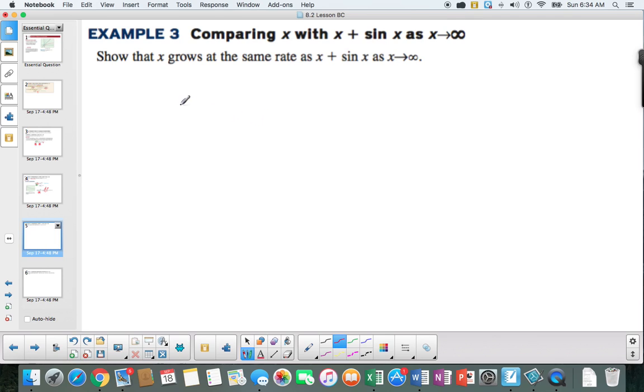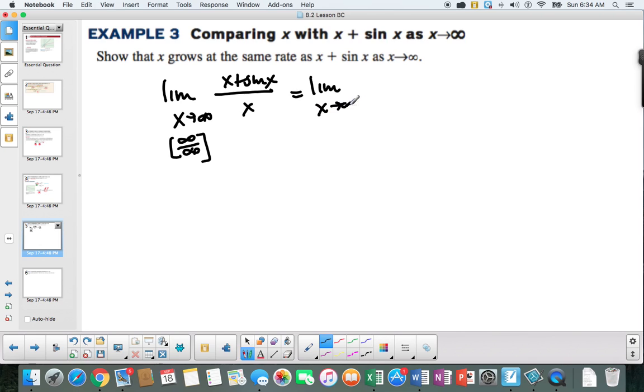All right, let's go ahead and compare these two rates of change. So the limit as x approaches infinity of x plus sine of x over x. So this is an indeterminate form, infinity over infinity.